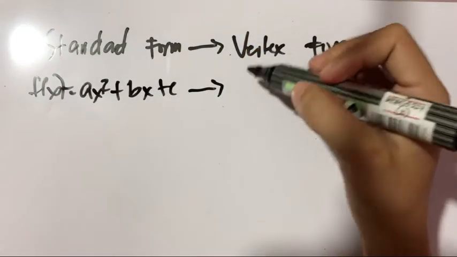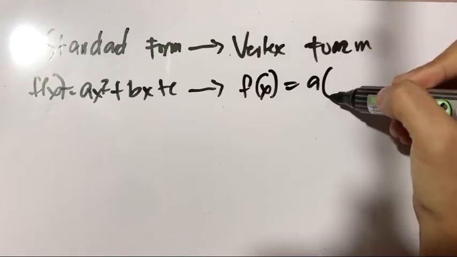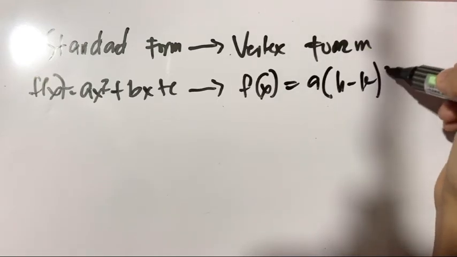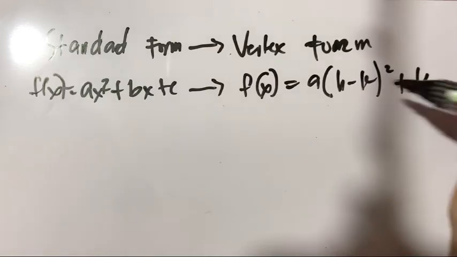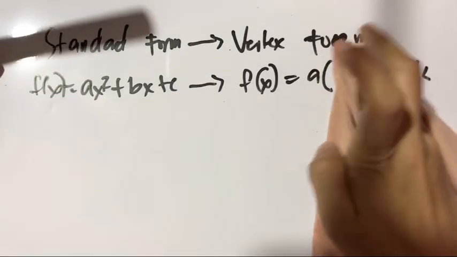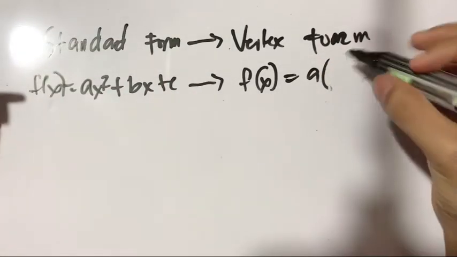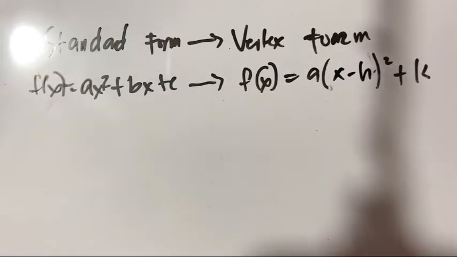We will turn this one into the vertex form, which is f of x equals a times x minus h squared plus k. So first, mag-start kita sa standard form, and then we will convert this one into the vertex form.